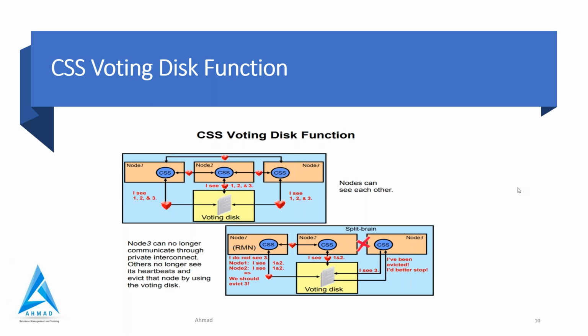Voting disk maintains the node numbers between the cluster nodes. We can use an odd number of voting disks. But what is the sense of using an odd number? First tell me what a voting disk is and what its use and importance is in RAC, how many voting disks we can use, and why we use an odd number.